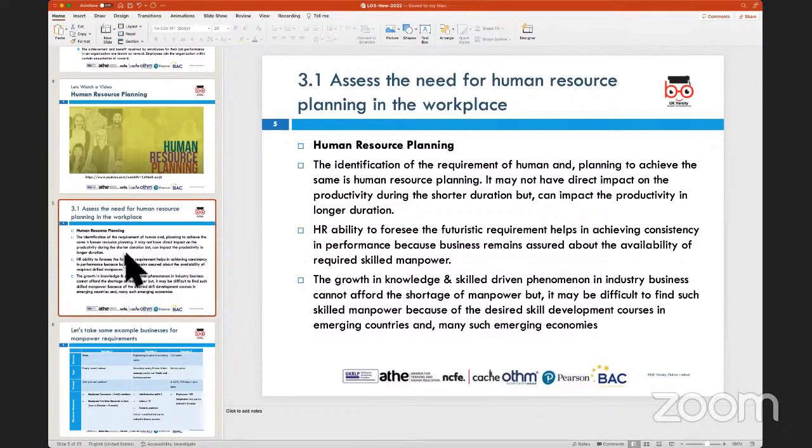The other examples would typically include recruitment and selection, retention, or if I put it this way, rewards and incentives, succession planning, and also one of the key aspects which human resource planning would ensure, which is to minimize risk.